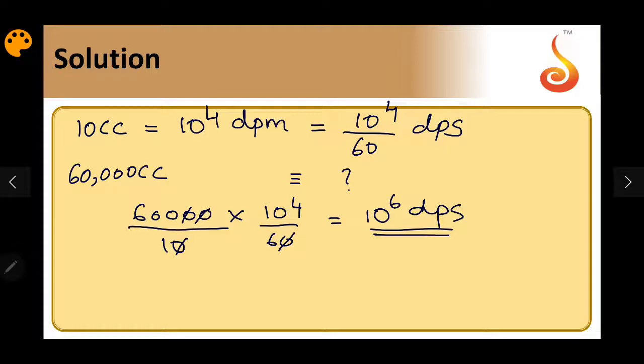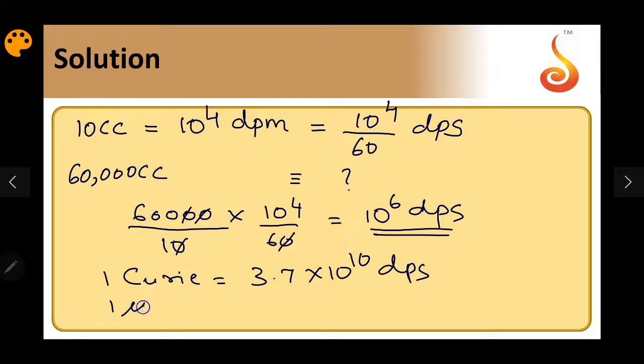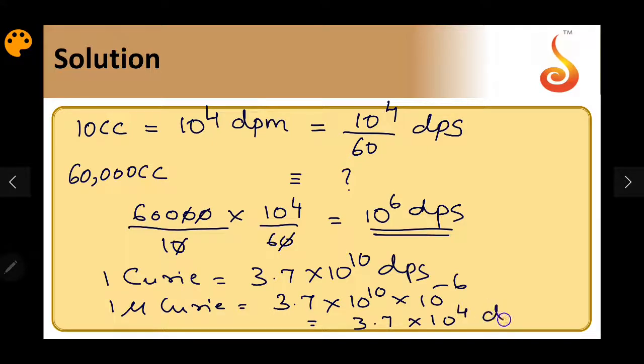This is the total activity required. So we know that 1 Curie equals 3.7 into 10 power 10 dps. So 1 microcurie is equal to 3.7 into 10 power 10, and micro is 10 power minus 6. This becomes 3.7 into 10 power 4 dps. Now this is the microcurie, and 10 power 6 is the actual dps required.